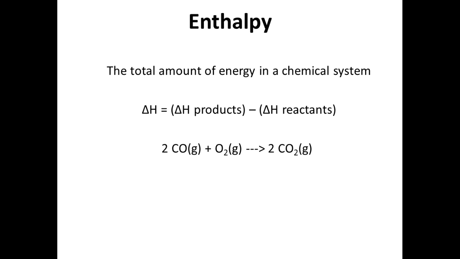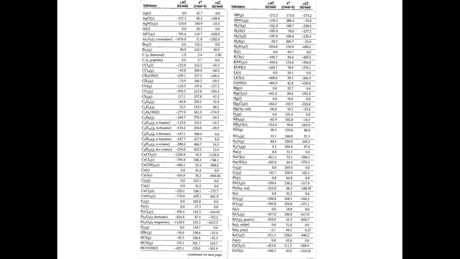So, for example, here is 2 moles of carbon monoxide plus 1 mole of O2 forms 2 moles of CO2. So what we have to do here is look at your handy dandy thermodynamic table, and we are looking for carbon monoxide, which has a heat of formation, so that's the column we're looking at, of negative 110.5.